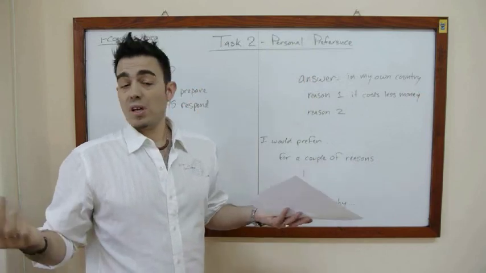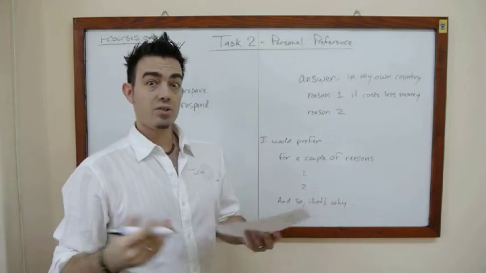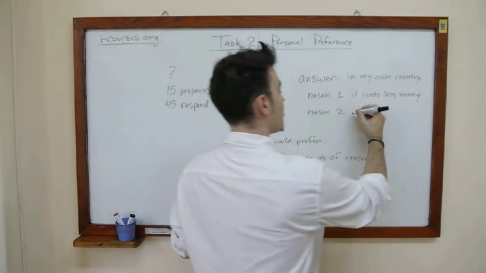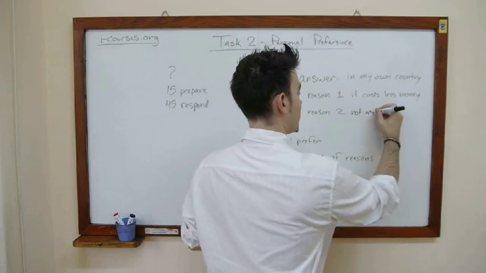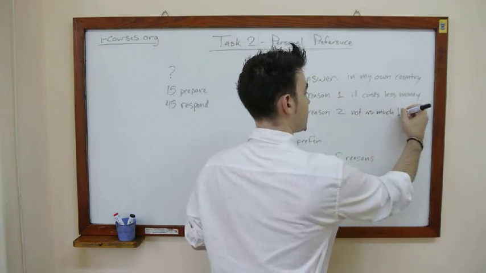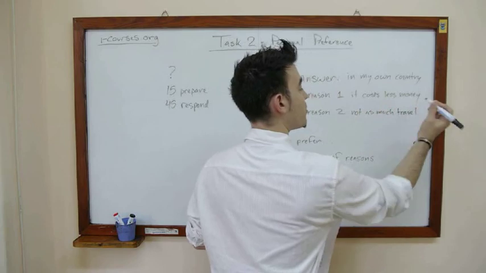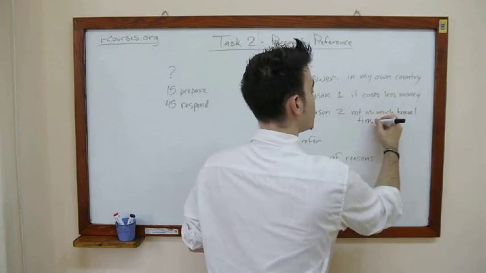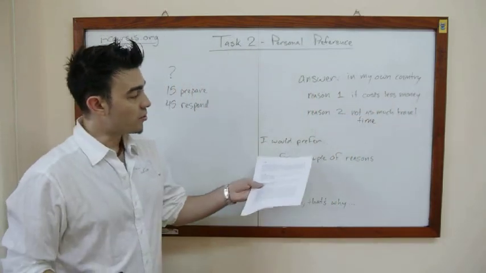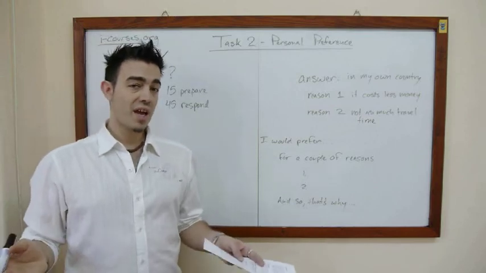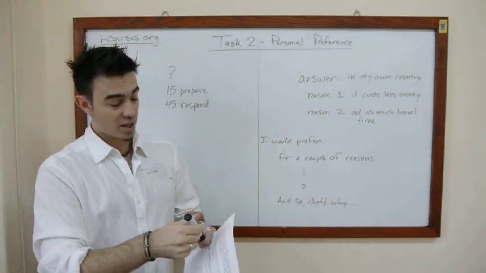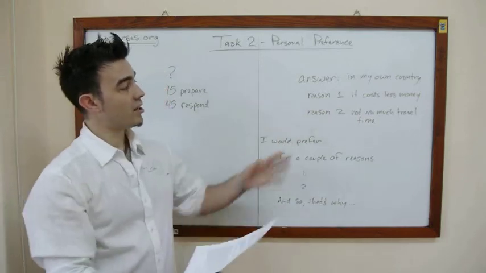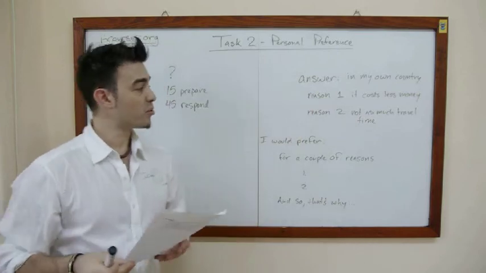Okay, another reason could be you don't have as much travel time. That gives you more time to enjoy your vacation. So this is the structure. Remember, we only have 45 seconds, but if you come up with 2 good reasons in your answer, that should take up most of the time.